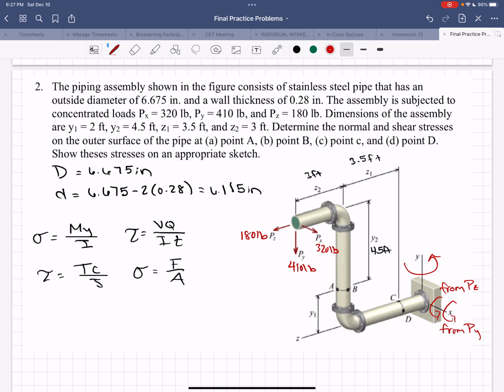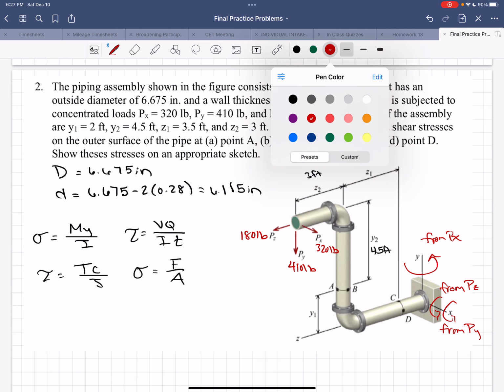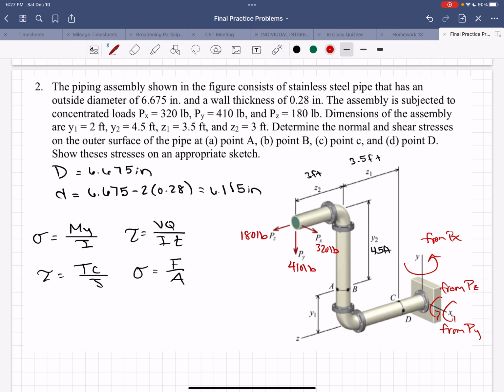PX is also going to twist this thing around the z-axis, so this is from PX, and then we also have this moment around Z that's going to be negative, and that will be from PX. So we have a lot going on here. Okay, we can handle this.